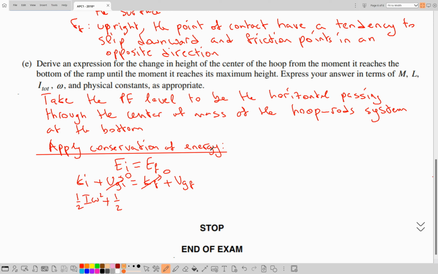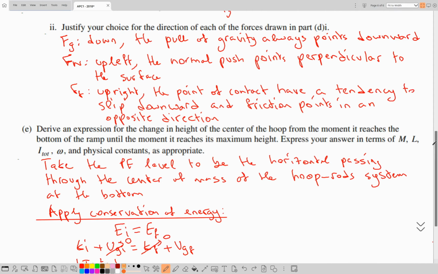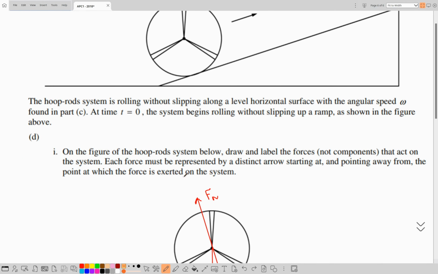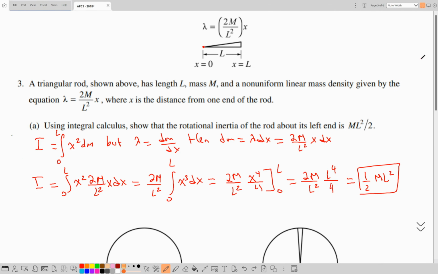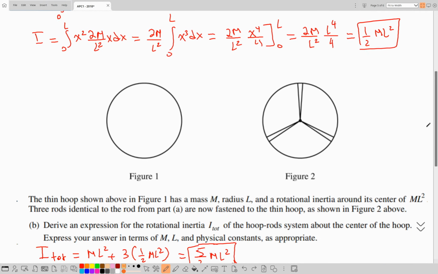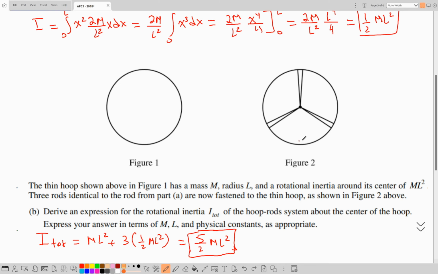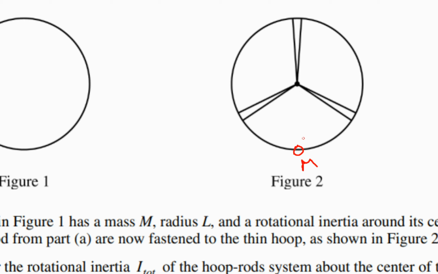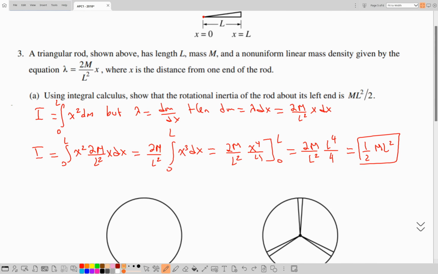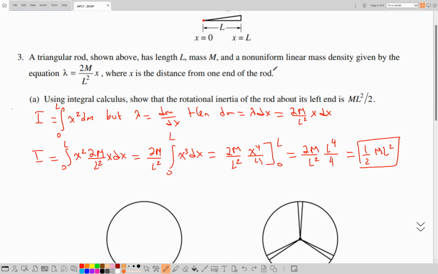Now this is the tricky part. Now we need to add both energies given by rotational and translational. The translational is given by half m v square, but what is the mass of our system, especially that our system consists of a composite body? Now the mass of the hoop is given by m, so this part has a mass m, and each rod has a mass m.